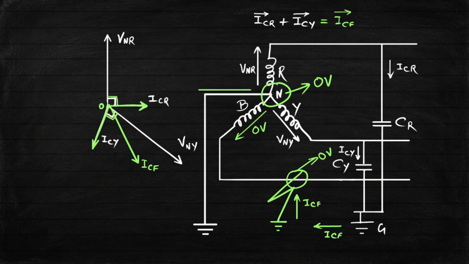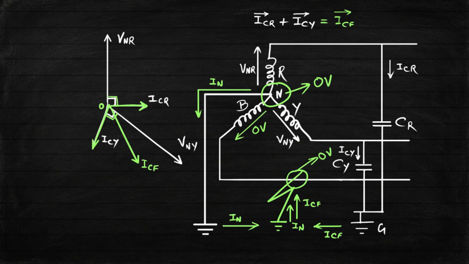Now, because an earth fault has occurred on the B phase, the system becomes unbalanced. As a result, a neutral current starts flowing through the grounded neutral of the transformer. Let us call this current IN. This neutral current flows from the neutral point through the neutral grounding connection and finally reaches the fault point as shown in the figure. Now, this neutral current is also added to the charging current ICF. Therefore, the total earth fault current IF becomes the vector sum of the neutral current and the charging current.